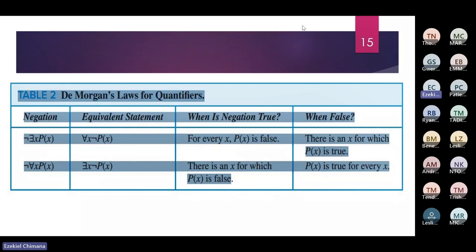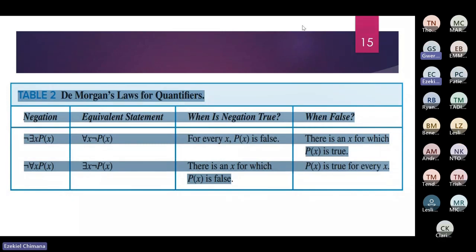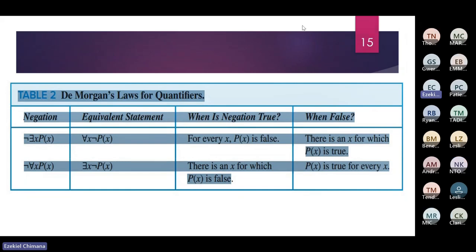And then there are the quantifiers. We're just talking of words which represent the quantity there. Normally we have two quantifiers, the universal quantifier and the existential quantifier.